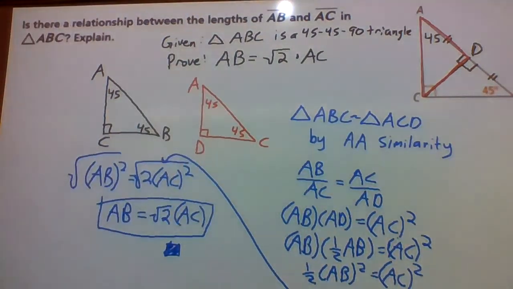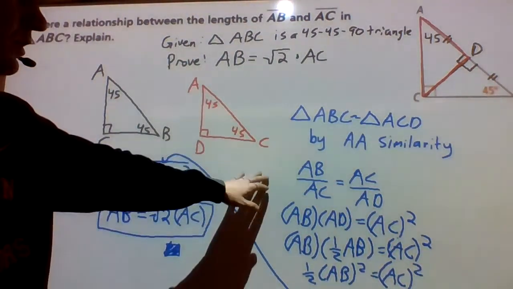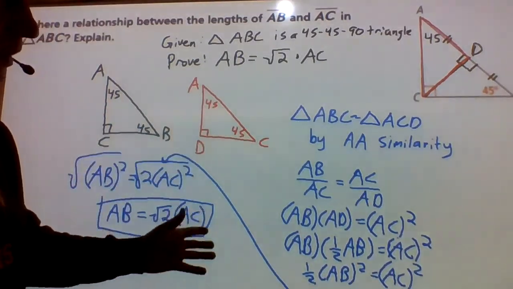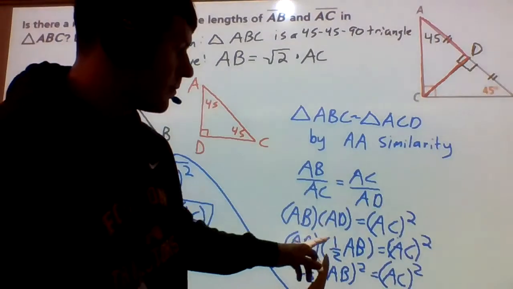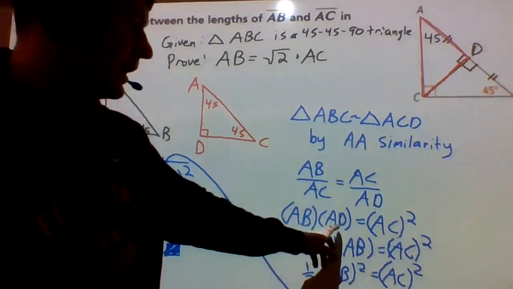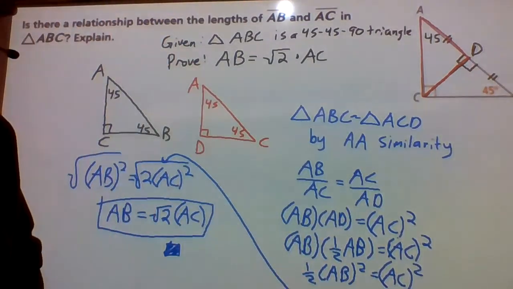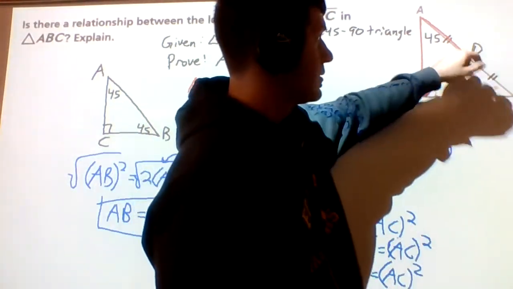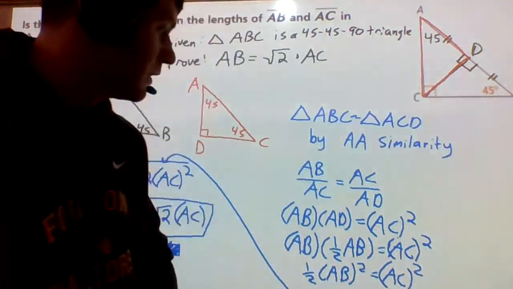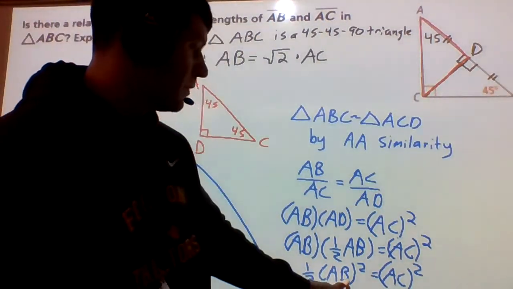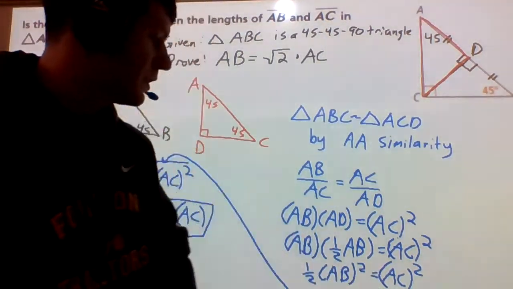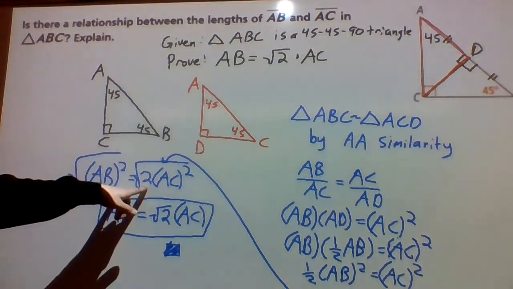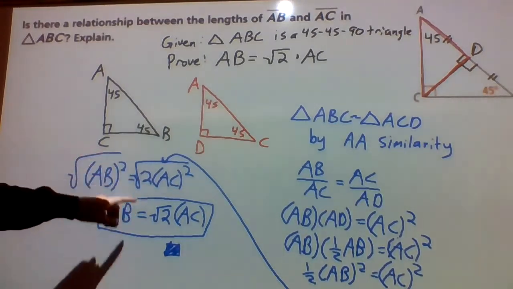Those triangles are similar by angle-angle similarity, so we set up proportions: AB over AC and AC over AD. We cross multiplied. Then we didn't want AD in there, so we substituted in half AB, because AD is half of AB since it was a perpendicular bisector. So then you get 1/2 AB squared. We multiplied both sides by 2 to get rid of the fraction, and then we took the square root of both sides.